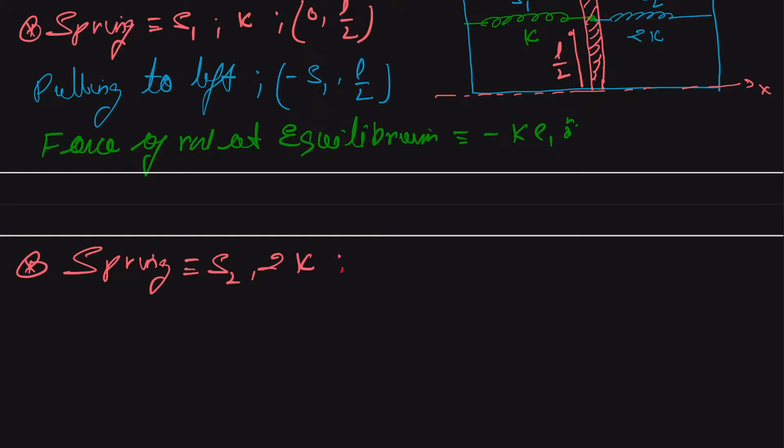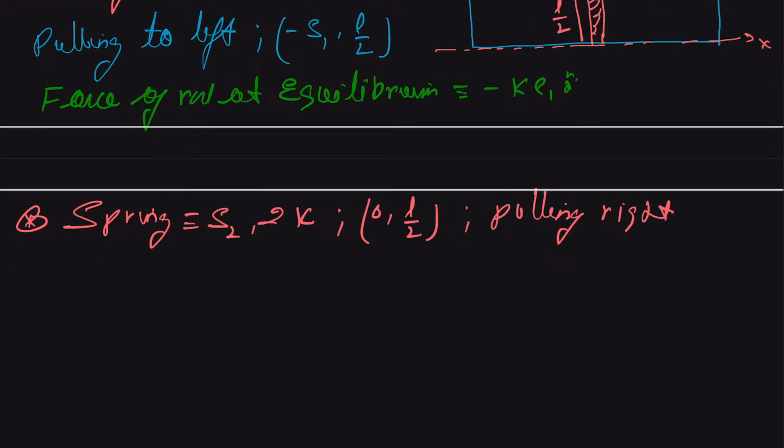Okay. And it is also attached at 0, L by 2, and it pulls towards right. And it is going to pull right to a fixed point. Let us suppose we denote similarly at S2 and our L by 2. And once again, we can write the equation for the force, that the force at the equilibrium will be equal to spring constant is our 2K. So this comes as 2K E2 x unit vector.